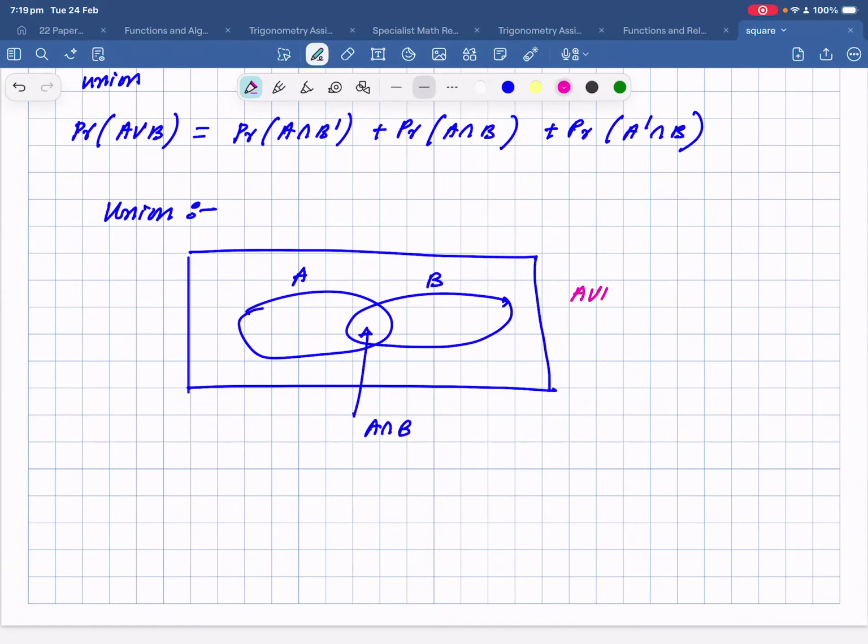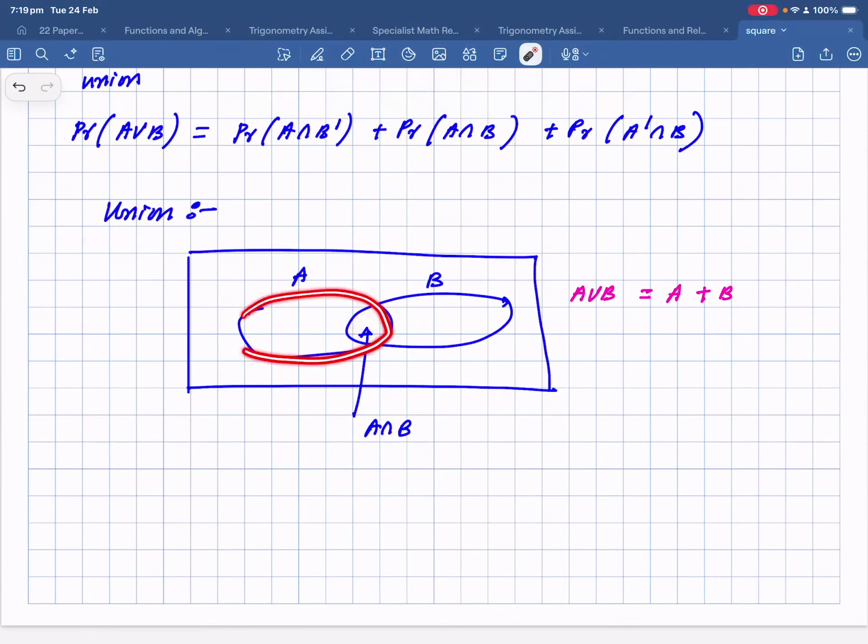Now A union B is nothing but everything in A and everything in B. When I say everything in A and everything in B, this area was double counted. For A, this area is collected, and for B also, this area is collected. So this area is double counted. We call it a duplicate, so we are going to remove the duplicate.